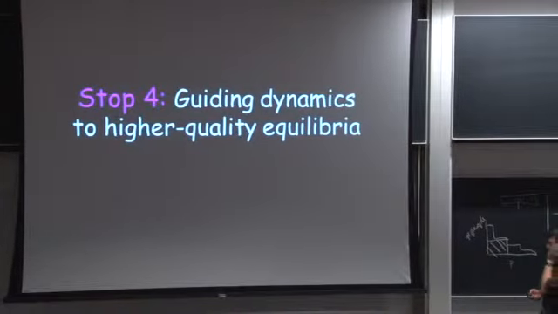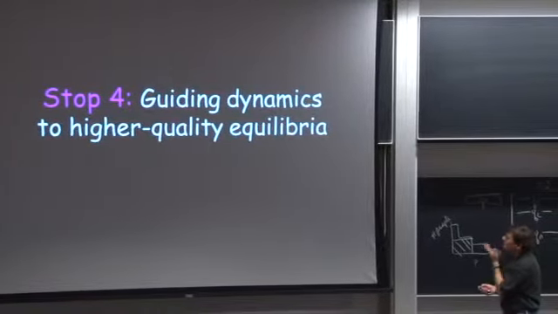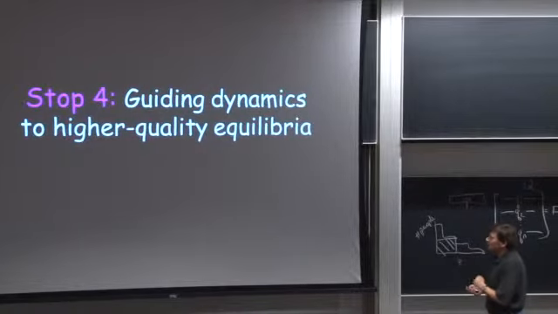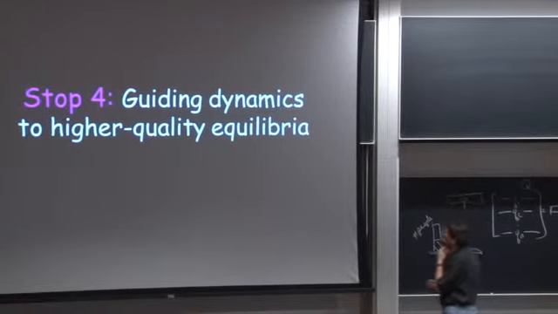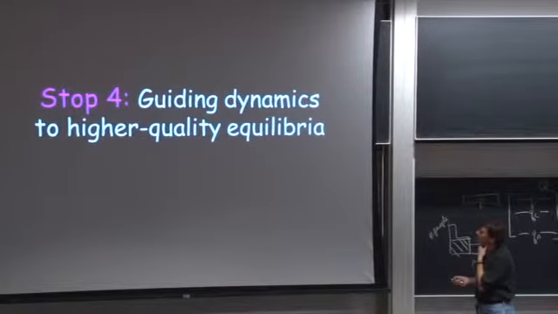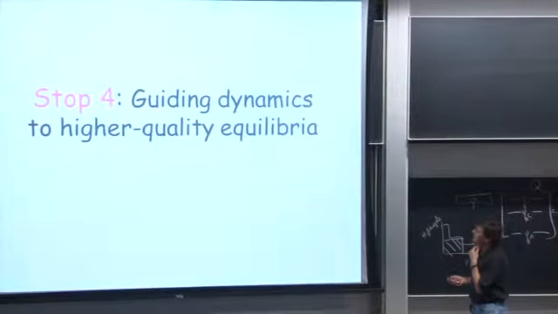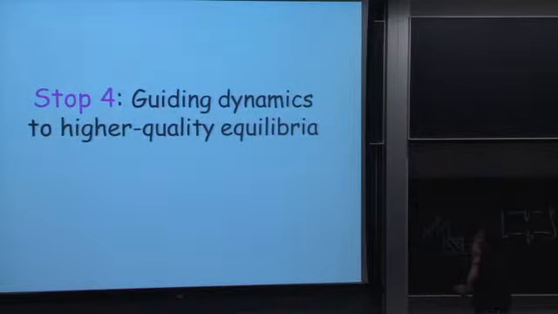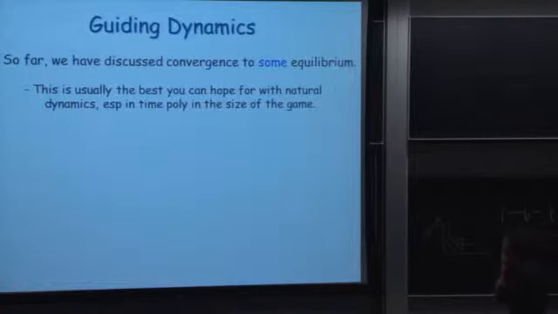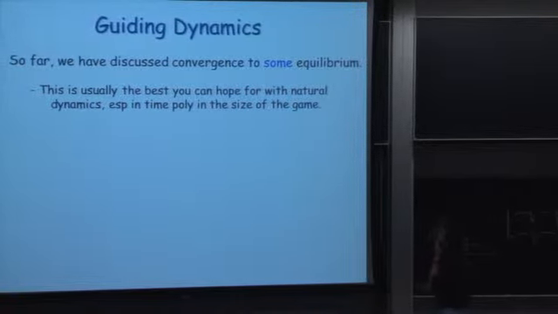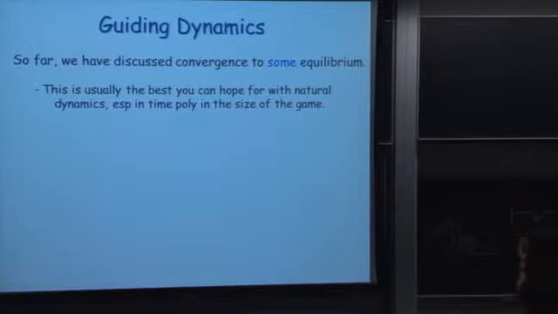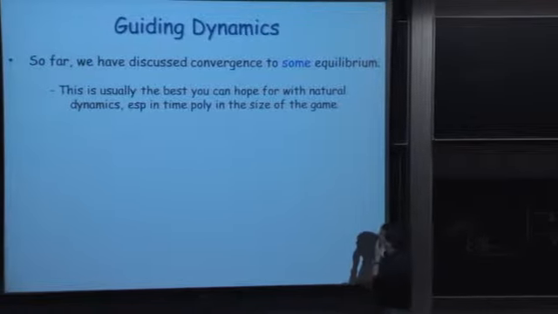So now I just want to say a little bit about a very different question, but related, going back to this whole issue of learning and games. We talk about converging to some equilibria.